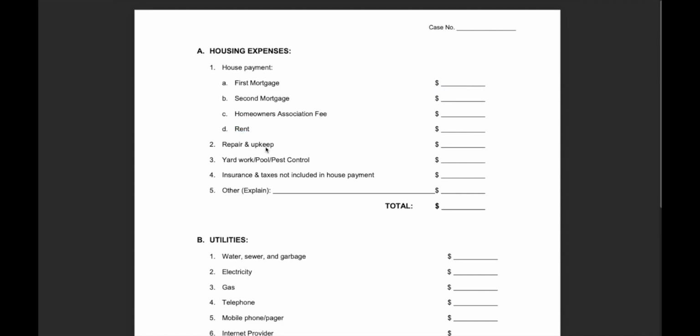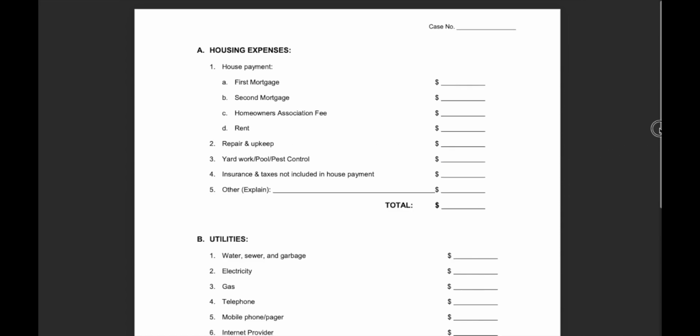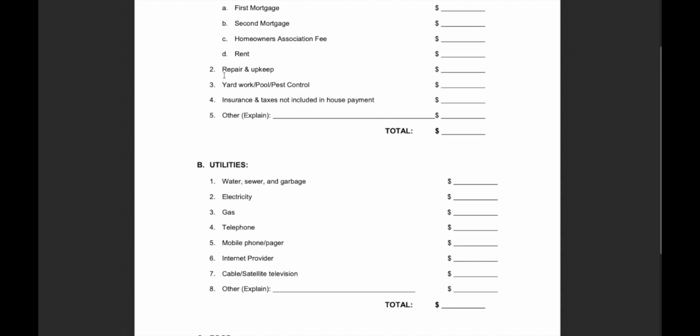Same thing for repair and upkeep. Monthly average cost is great. I understand that sometimes these are not expenses that come up monthly. Same with yard work, pool, or pest control expenses. If you do pay for all 3, please add the total monthly amount for all 3 and indicate it on this line.